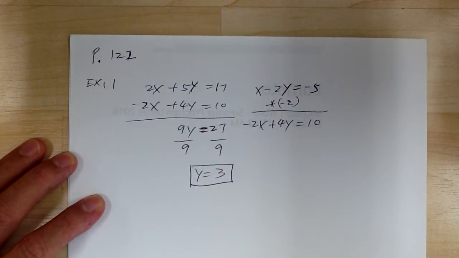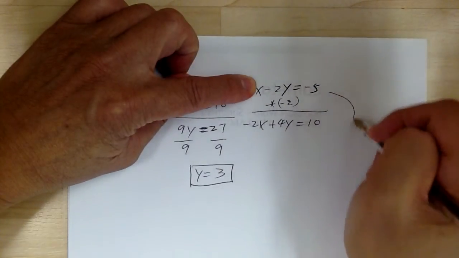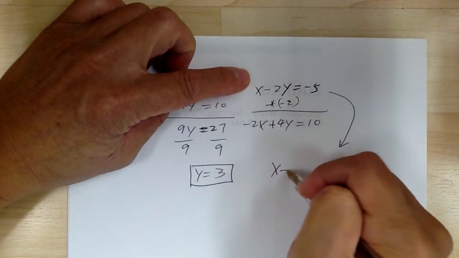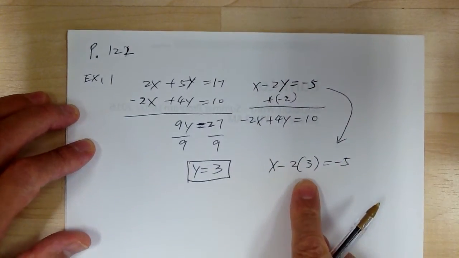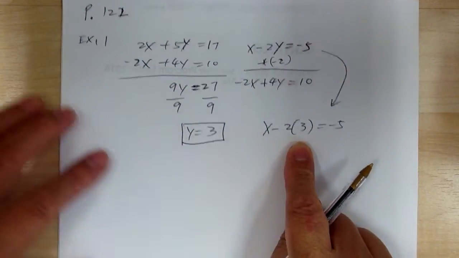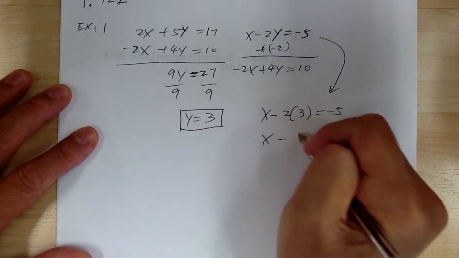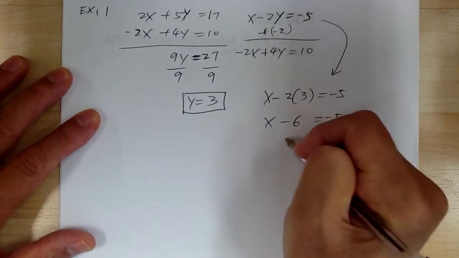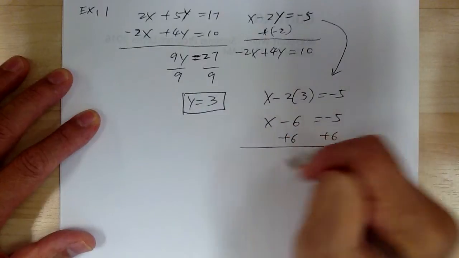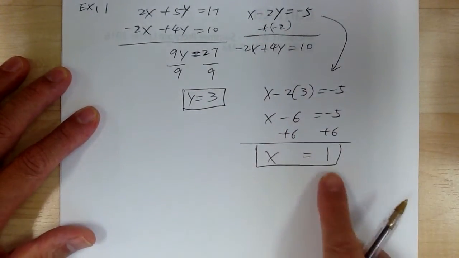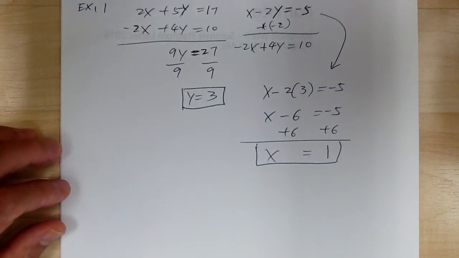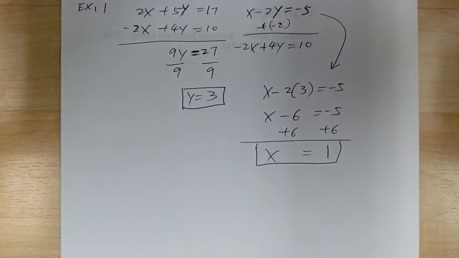I'm going to use this equation here. So I get x minus 2 times 3 equal to -5. Again, when I substitute, I put it in parentheses, right? So x minus 6 equals -5. Plus 6, so x equals 1, and that's it. That's how you do it with the elimination method.